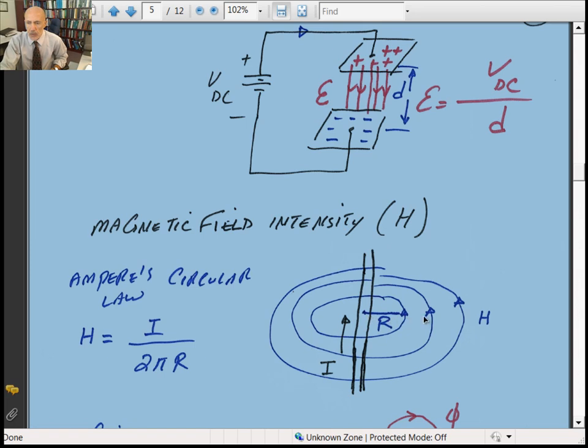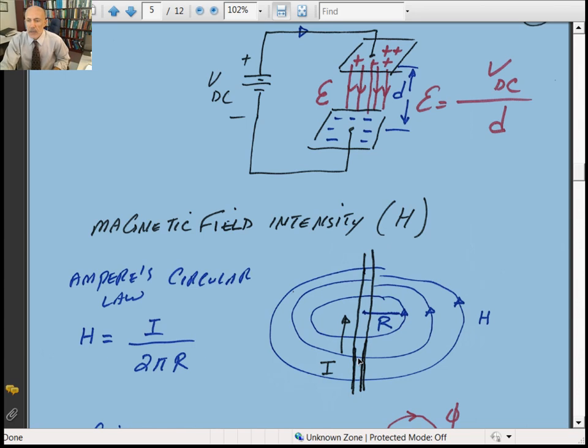So the farther away from the conductor carrying the current I, the more magnetic field intensity you lose. Here it would be maximum, and as you move away from the conductor, just like with power lines, it's dangerous to be very close to a power line because of the magnetic field intensity H.